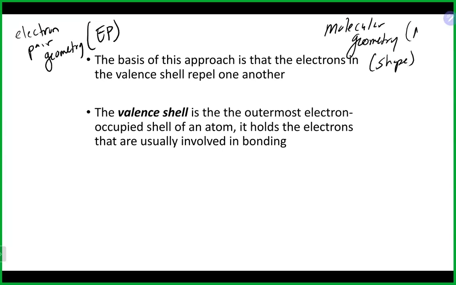I'll abbreviate that in the rest of this lecture as MG, so I don't have to write it so much. That describes the overall molecule with all its bonds, basically what the shape of it is. So these are names that describe the shapes of these things. In some cases, these names will be the same, and in other cases, these names will be different depending on what electrons are present.